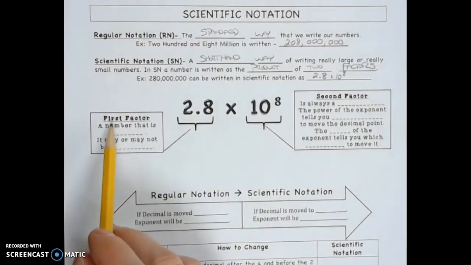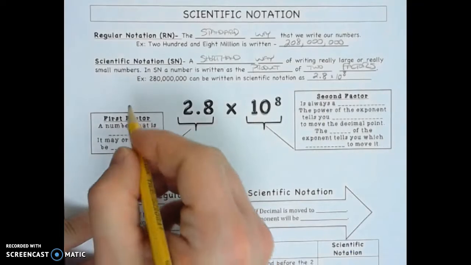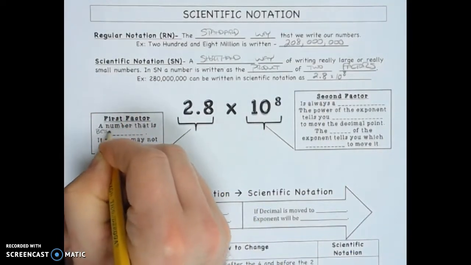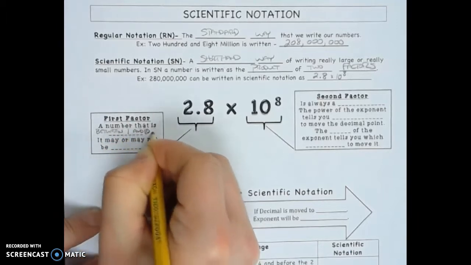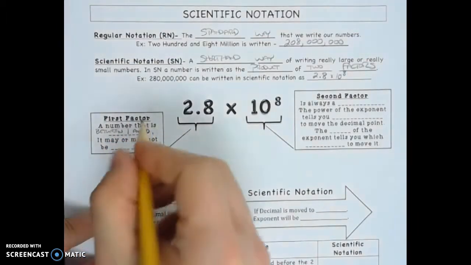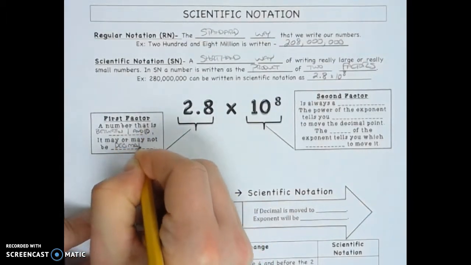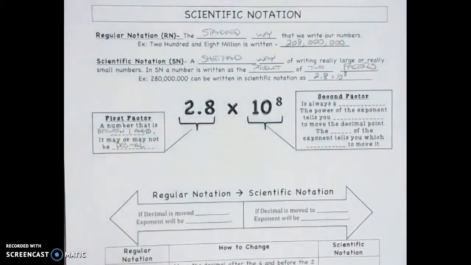Okay, so the first number, this first factor, the 2.8, is a number that's between 1 and 10. It may or may not be a decimal number. In this case, it is 2.8, but it could sometimes just be a whole value like 2.